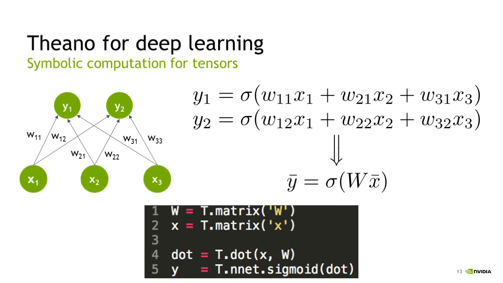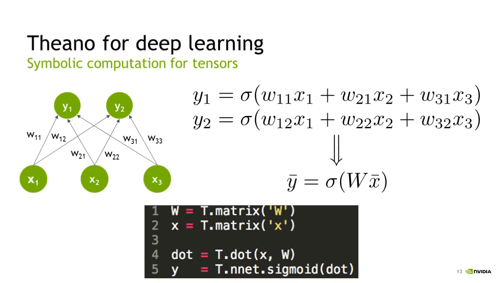So to give an explicit example of where tensors or matrices crop up in deep learning and how Theano allows you to define functions upon those, we have here a very simple artificial neural network on the left. So we've got 3 neurons whose output values are x1, x2, and x3. We've got 2 more neurons whose output values are y1 and y2, and the x neurons are fully connected to the y neurons, and they have these weights on the connections.